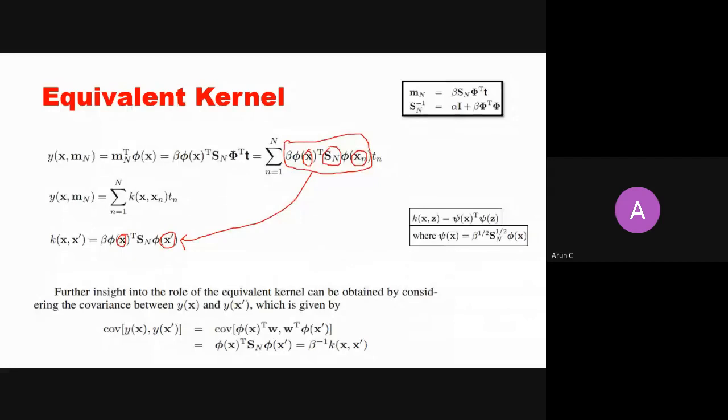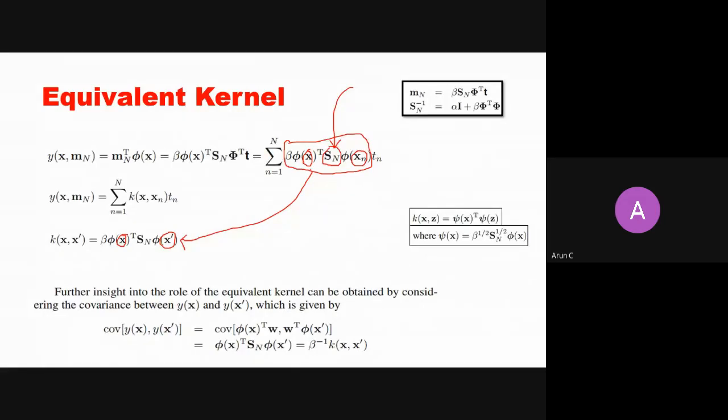So it is kind of an inner product in this transformed space, right? Just assume if S is identity, then it is nothing but a standard dot product, right? Because it is an equivalent kernel, Sn defines my transformed space. So it is a dot product between every sample in the data set and the X where I want to predict, right?